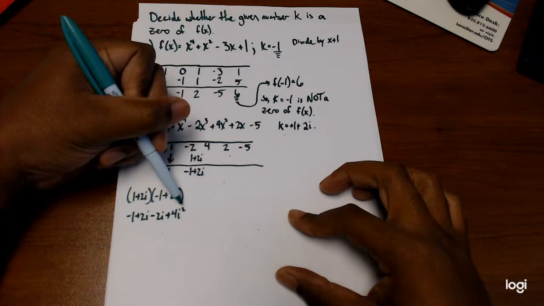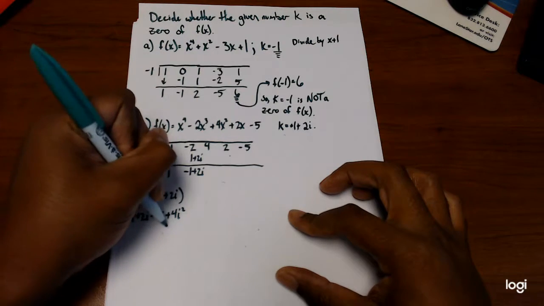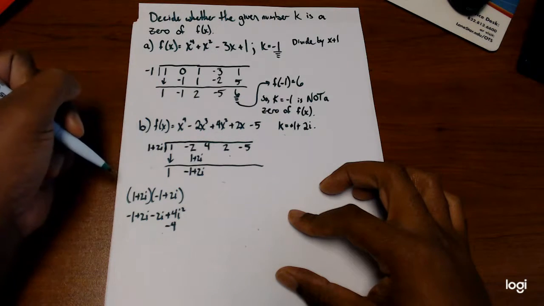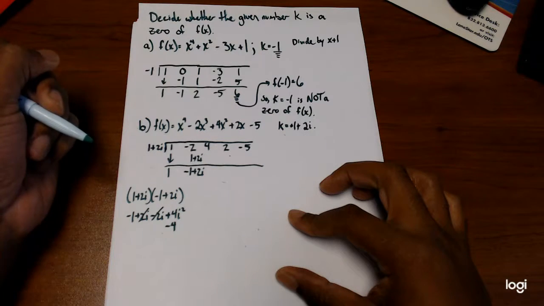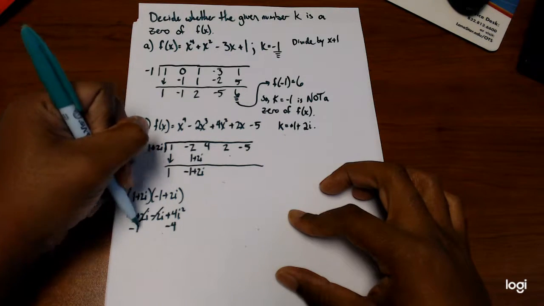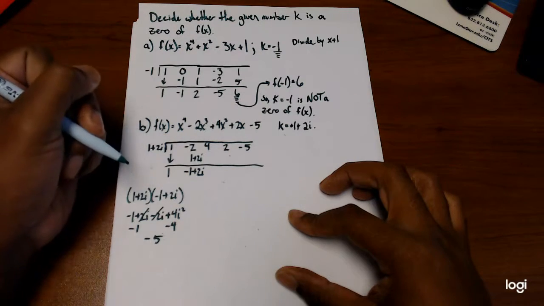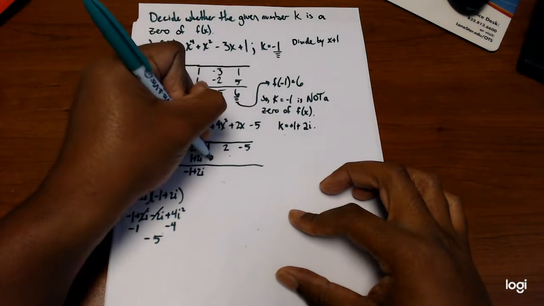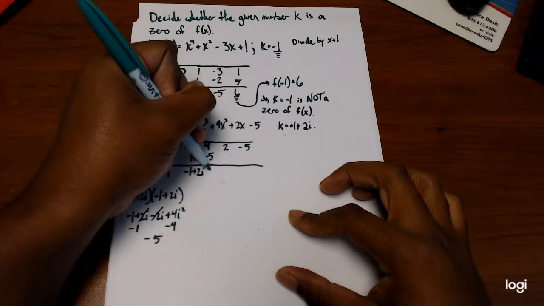But remember, you saw this a little bit earlier in the course, i squared is negative 1. So this term becomes negative 4. And these two terms, 2i and negative 2i, cancel one another out. And I have this negative 1 here. So negative 1 minus 4 is a negative 5. So that goes right here. And then 4 plus negative 5 is negative 1.